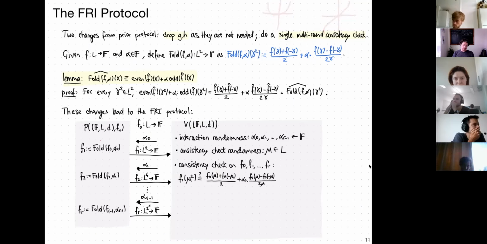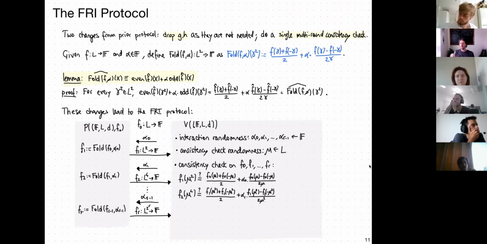But then at the next step, we have a function which is defined over L4, and we'll take the same element mu, square it to get mu to the 4, and then do the same check with respect to that squared element. And we'll do that on and on.